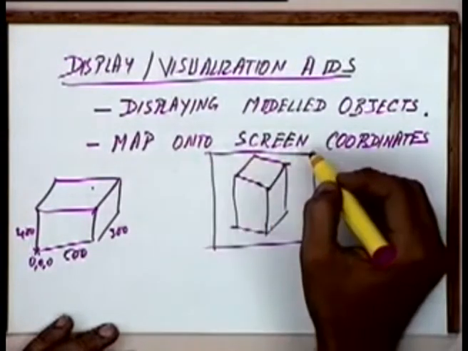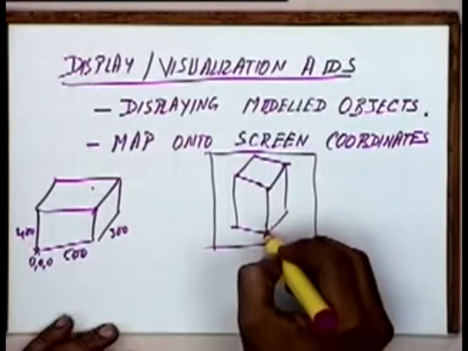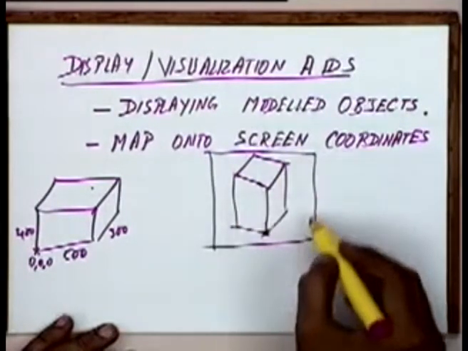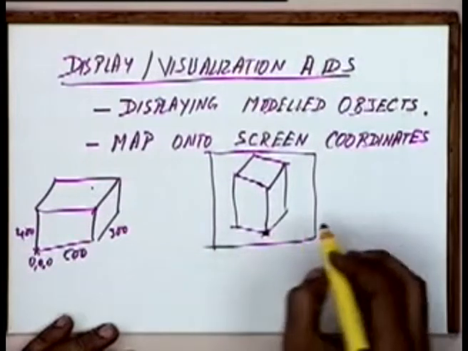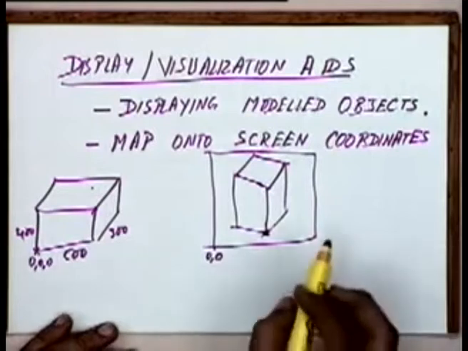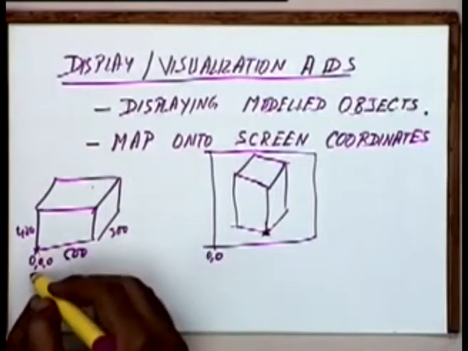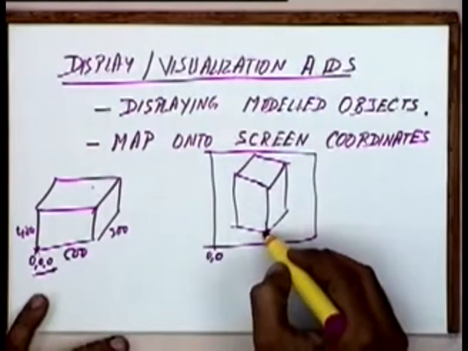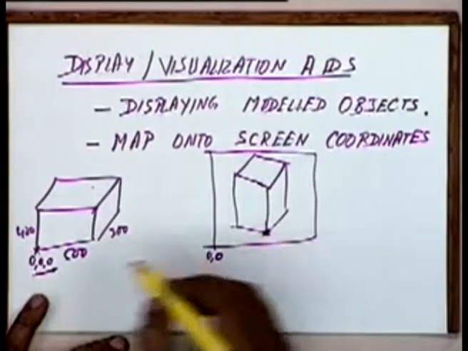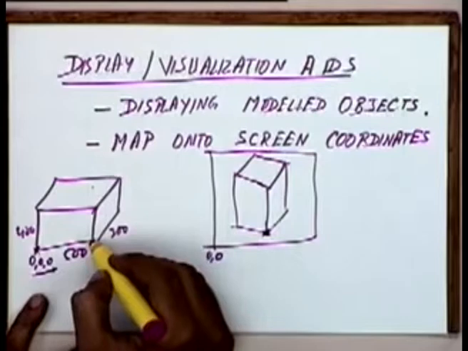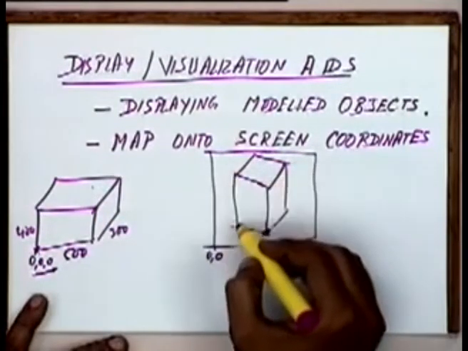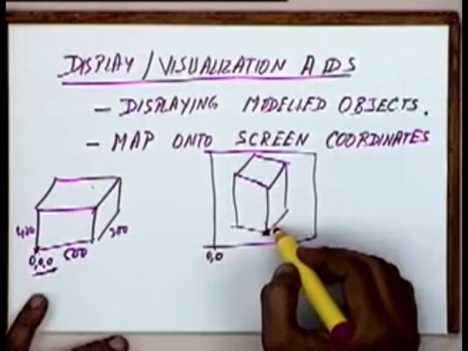Now this view has to be drawn on the screen. So on the screen, the orientation of the location of each of these points has to be defined. On this screen, if I am taking this as my 0 0, I have to decide that this 0 0 0 over here has to map to which point on this screen. That means every point of this block has to be mapped down to a screen location.